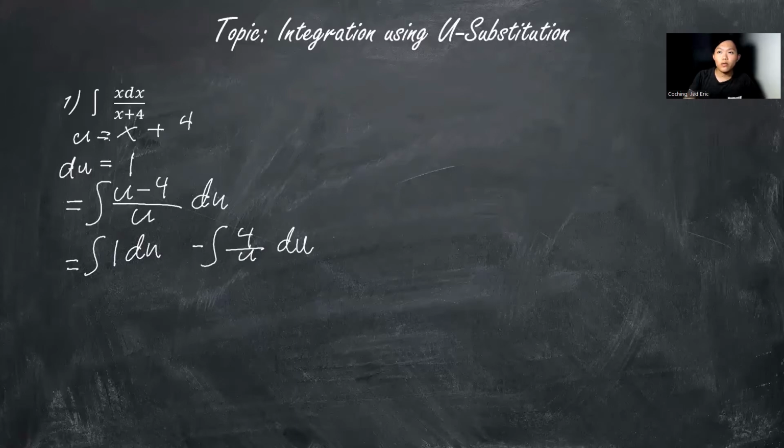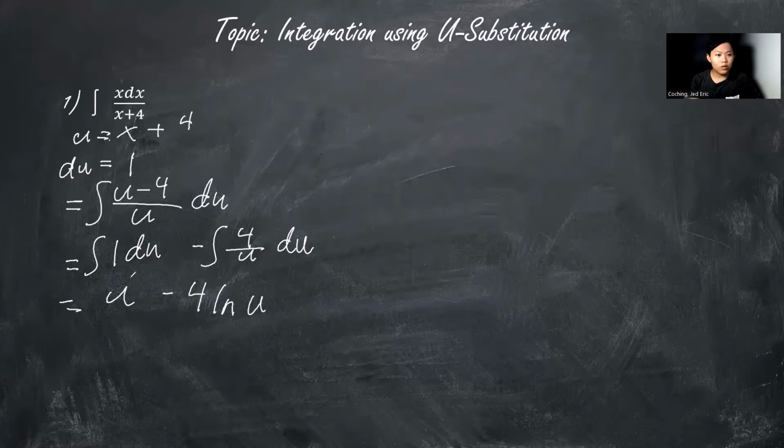And now if we solve this, it will be u minus 4 ln u.